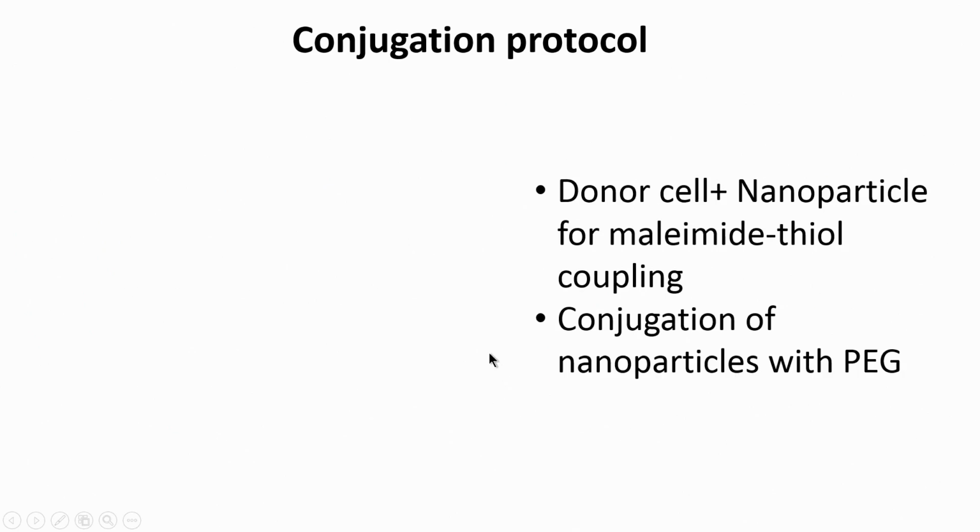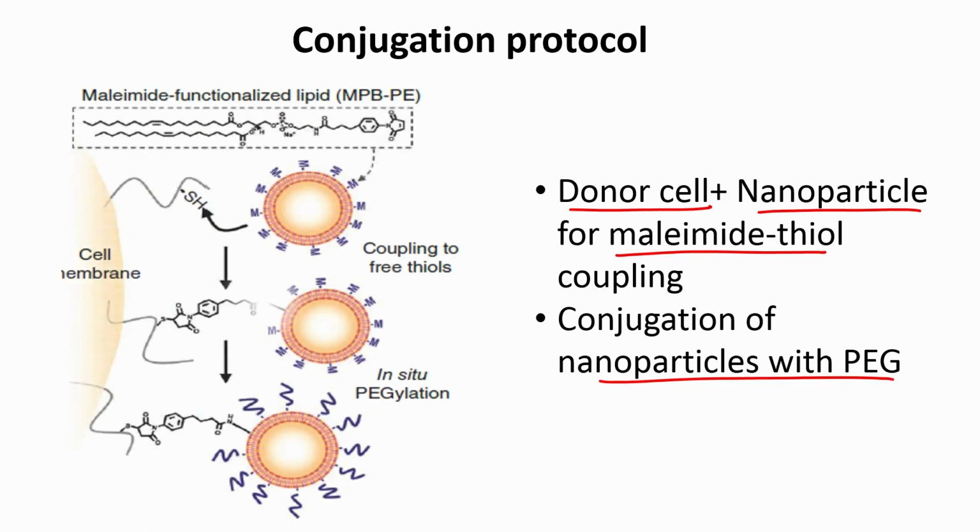They took donor cells, and these nanoparticles were modified with maleimide thiol chemistry. They have also conjugated nanoparticles with PEG. So, here is what it looks like.